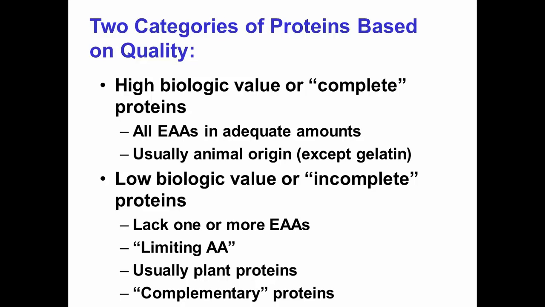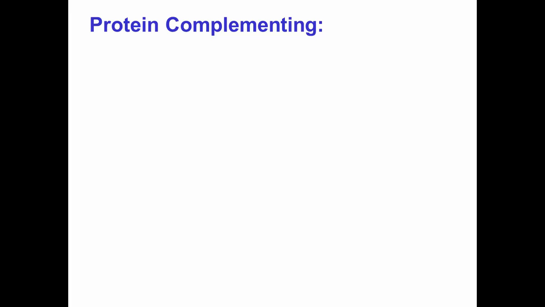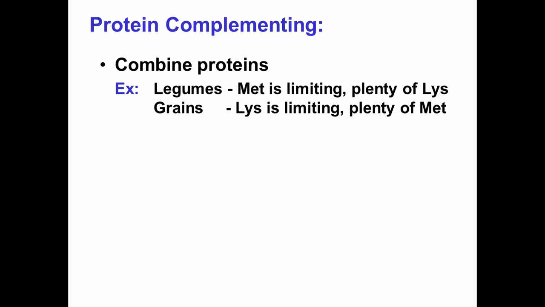So you're mixing and matching to create a full profile by bringing together two proteins that might individually be incomplete, and you want to group proteins that are not lacking the same amino acid, right? So you want to complement the profiles by bringing together two different kinds of proteins. And this concept of combining proteins, these examples are probably the most widely cited, right? Legumes are limiting in the sulfur-containing amino acid methionine.